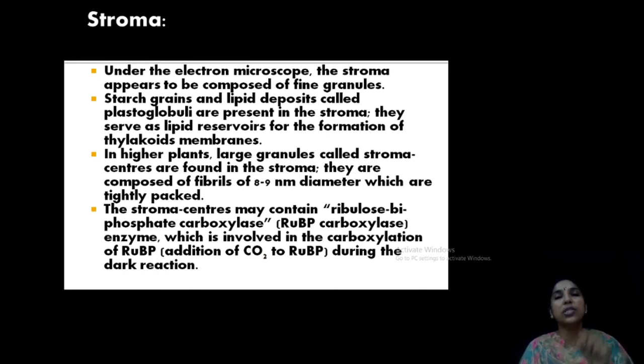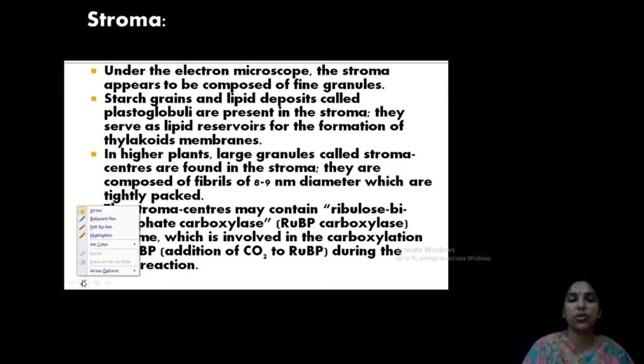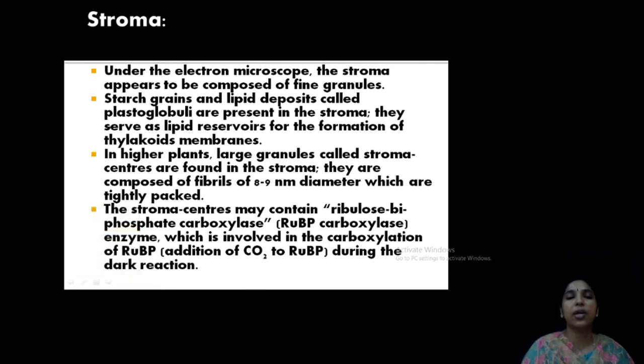Now, looking into the fluid filled space, that's the stroma. The stroma is very important because it contains many of the enzymes required for the dark reaction. It also contains lipid deposits, known as plastoglobuli.